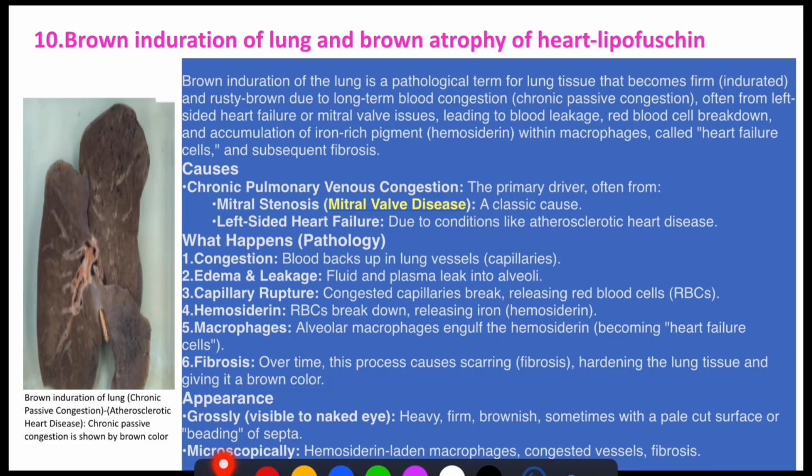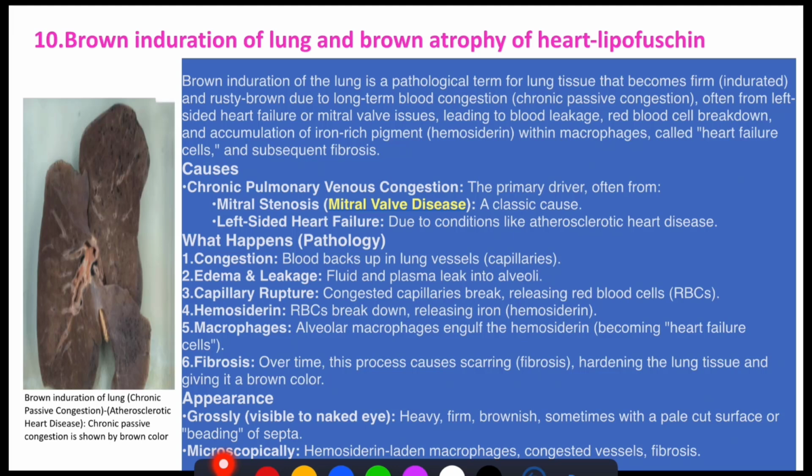What happened exactly, if we see the pathogenesis, there is chronic passive congestion in the heart, and chronic passive congestion in the lung, because there is a left sided heart failure.